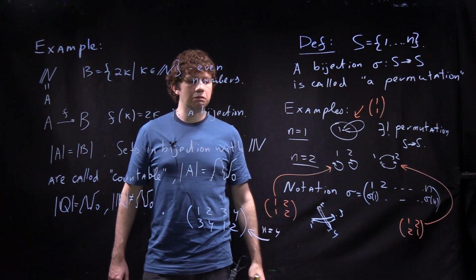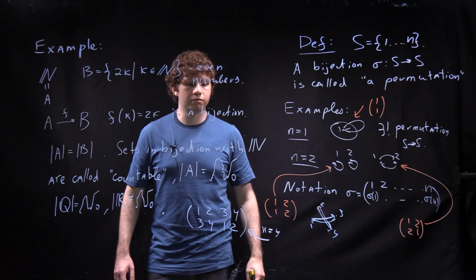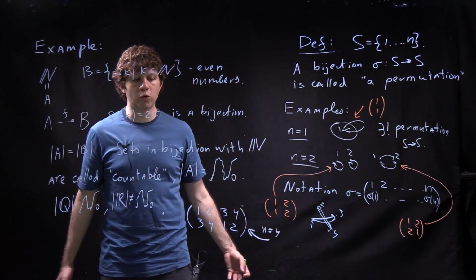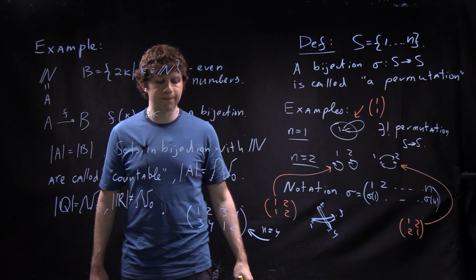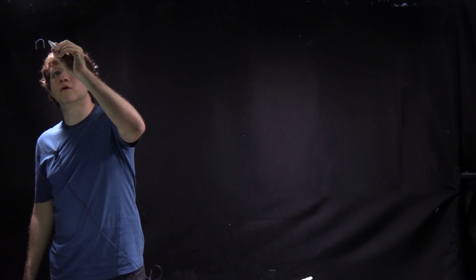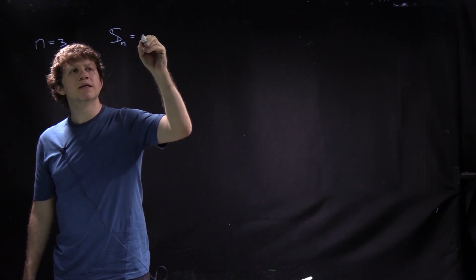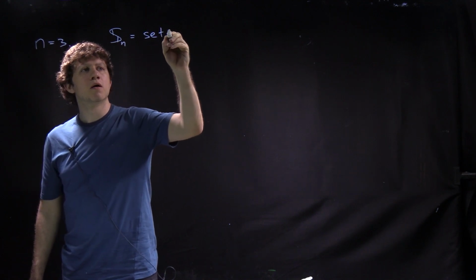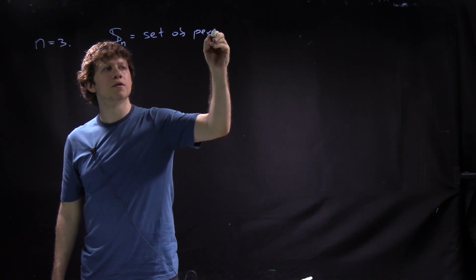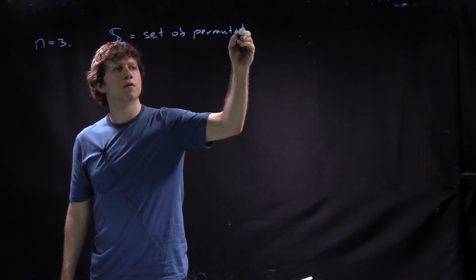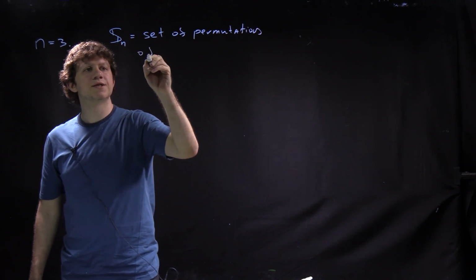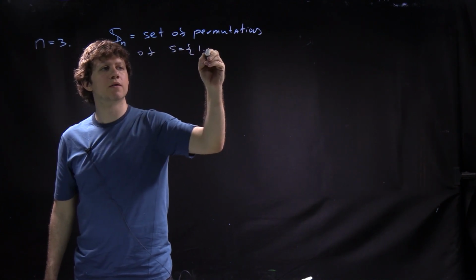Okay, so the next question is how many permutations are there, and what interesting stuff can I say about them? For that, let's consider the case n equal to 3 before going further. The notation is that I denote by S_n the set of permutations of the set S equal 1 to n.